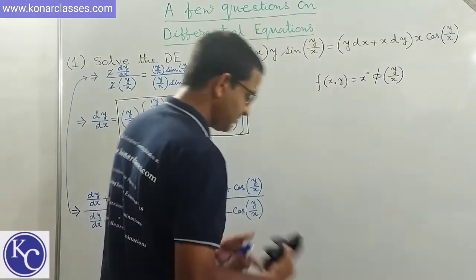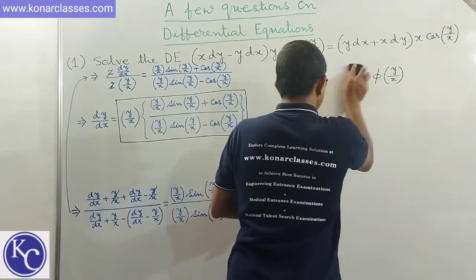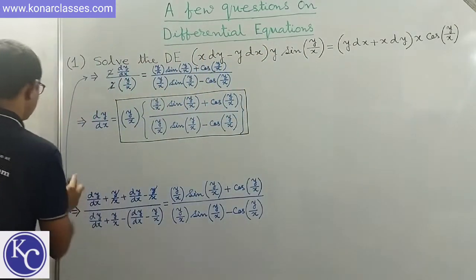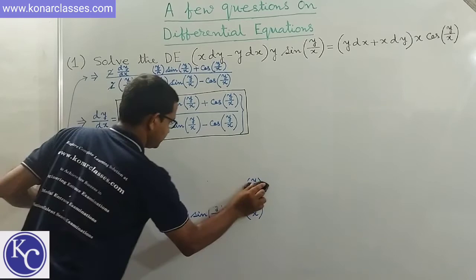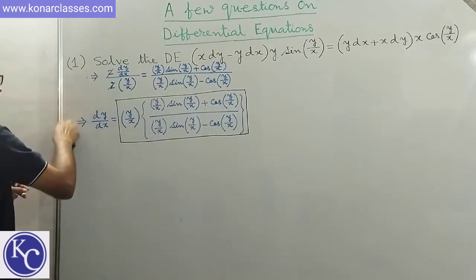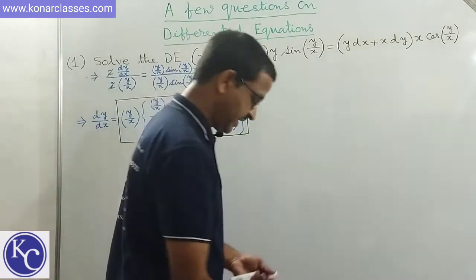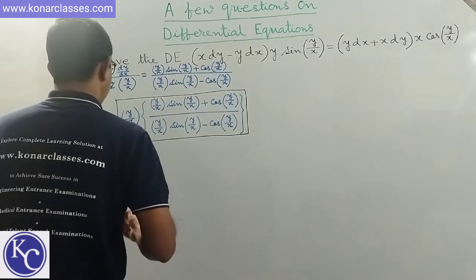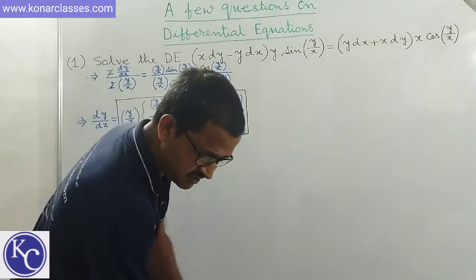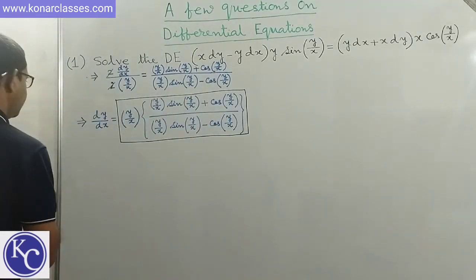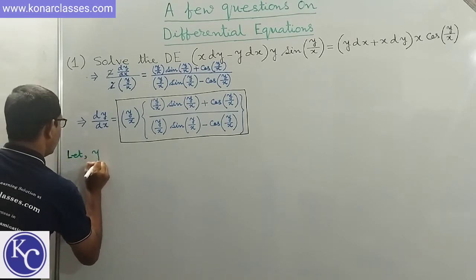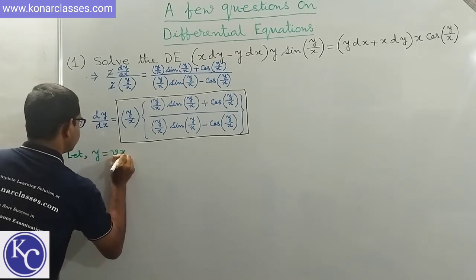And what is that, dear students? We need to make a substitution like y equal to vx, correct? So let me write it here. So our substitution is y equal to vx. Let me make the substitution in a different color. Okay, let y equal to vx.